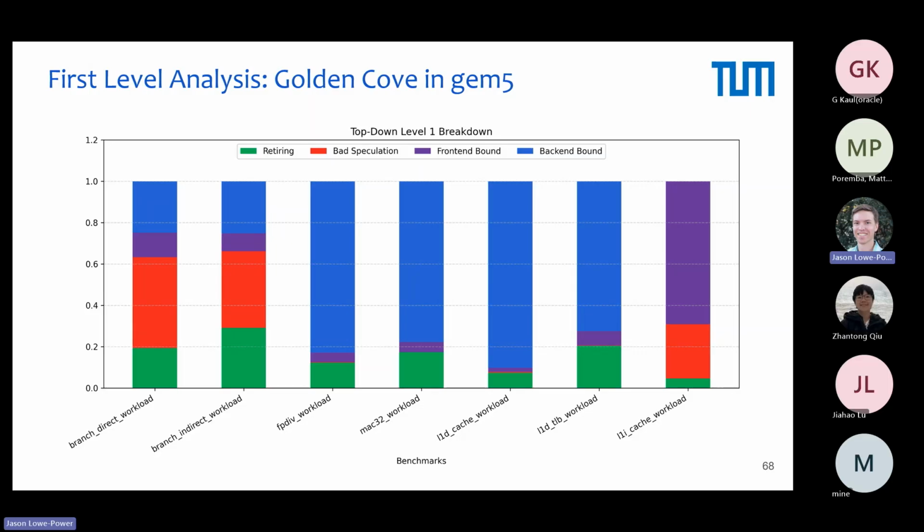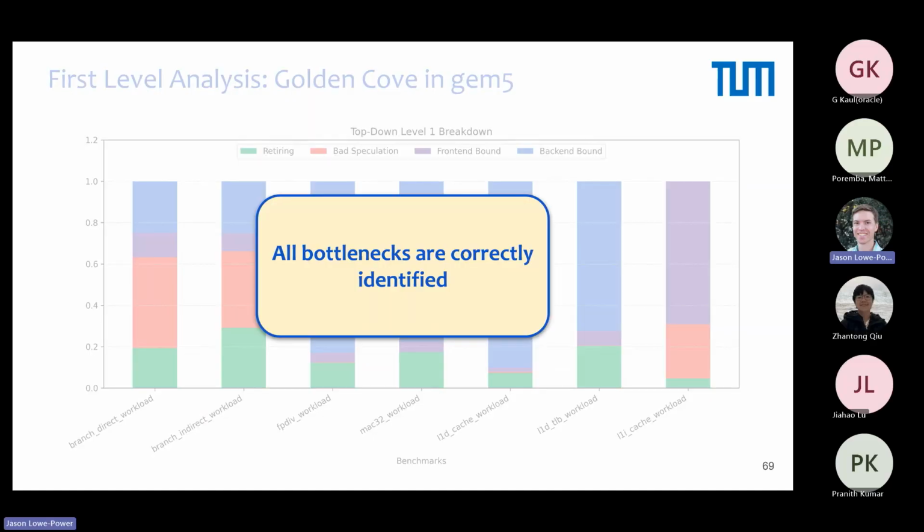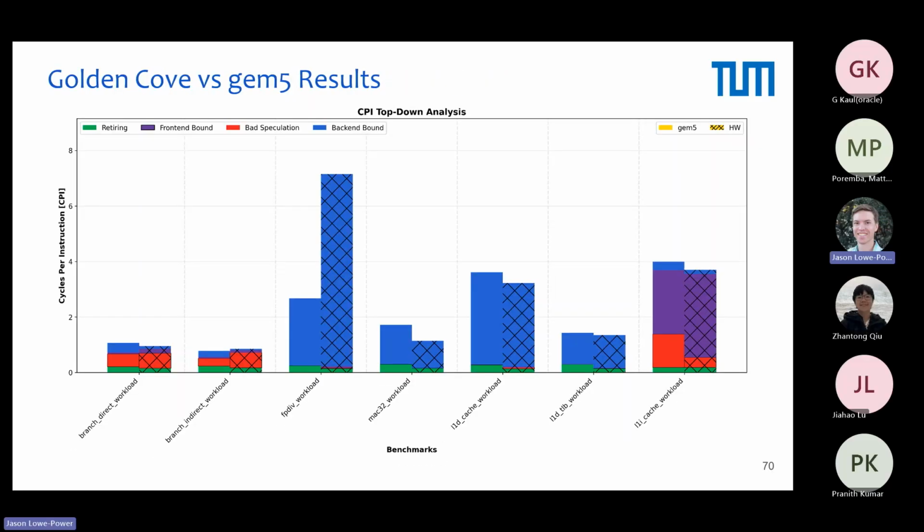As you can see, we have correctly identified them as bad speculation benchmarks. And the other 4 are floating point division, multiply and accumulate, L1 data cache, and L1 DTLB, which we have again successfully identified as backend bound. And the last benchmark was the L1 instruction cache stressing one, which is also correctly identified. So our analysis can correctly identify the bottlenecks.